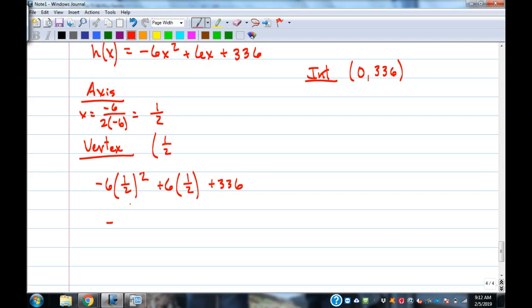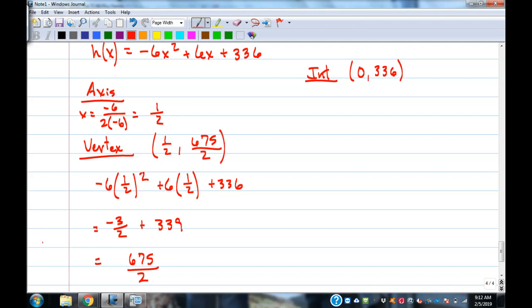A fourth times -6 would be negative 3 over 2, plus 339, because 6 times 1/2 is 3, plus 336 is 339. Then 1.5 taken away from that is 337.5, which is 675 over 2. Is that right? Okay, awesome.